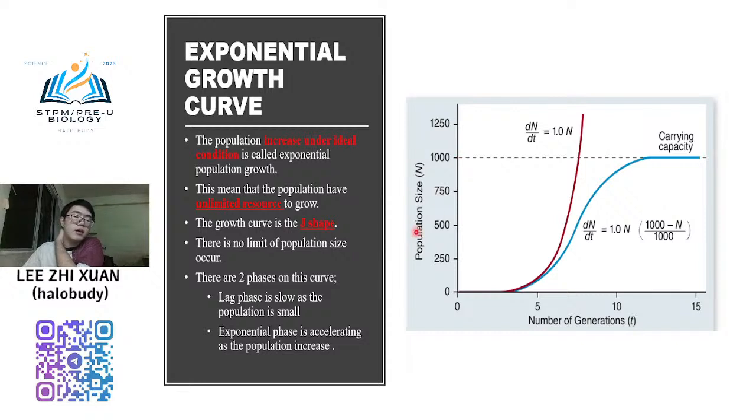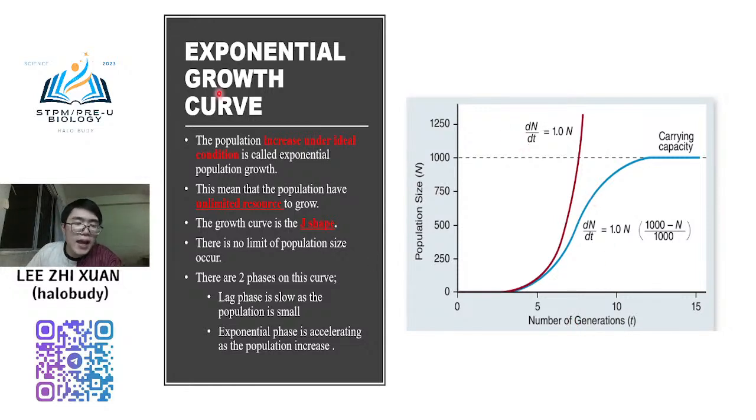Meaning that the number of organisms in one population is limited in the logistic curve, and in the exponential curve, the number of organisms in one population is unlimited. It can survive until further generations. It means it will reproduce and give birth to very many offspring without any limitation. But the logistic curve has a limitation.